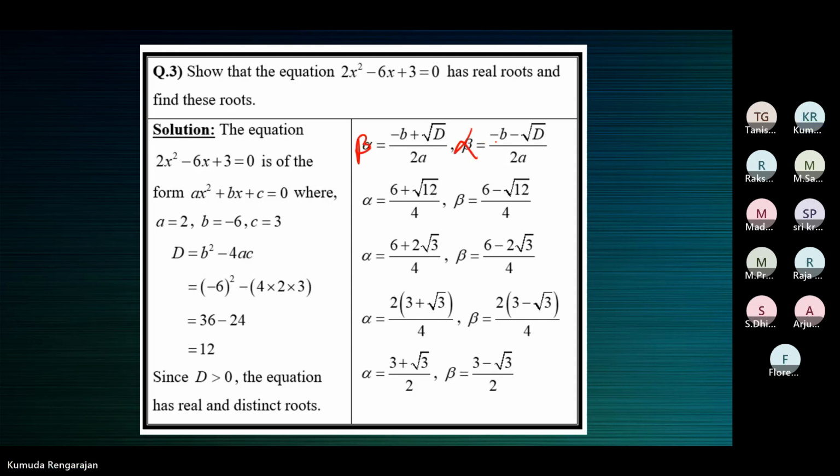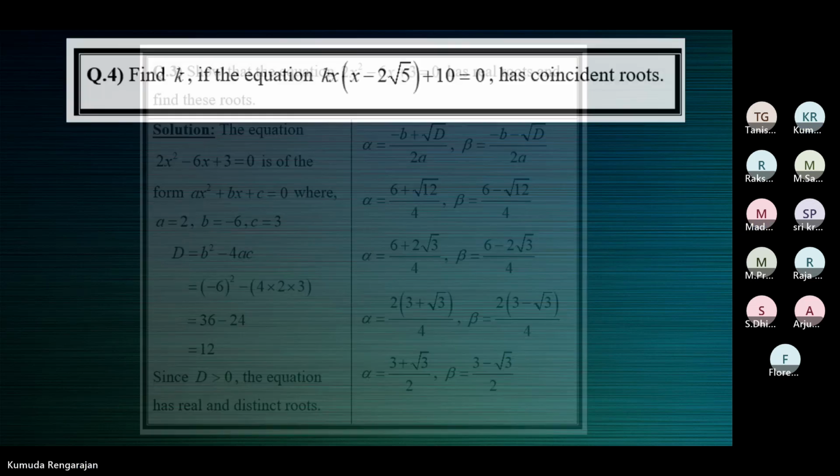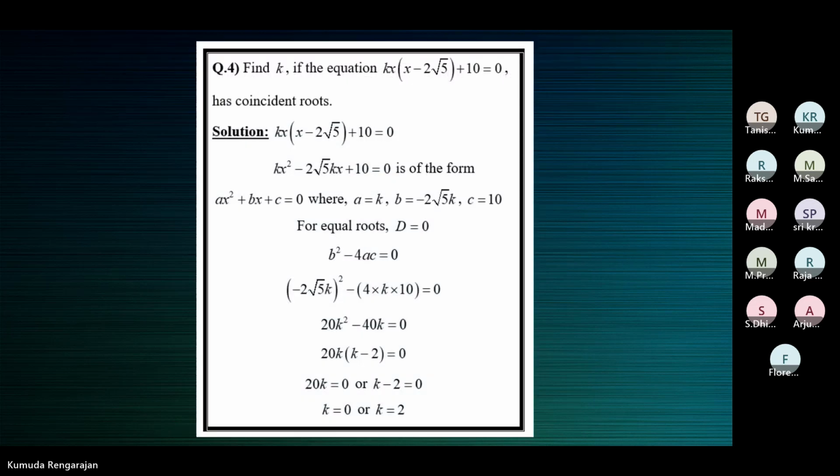That's okay. One of it is alpha, the other one is beta. There is no order. Done? Yes, ma'am. Coincident roots means equal roots.